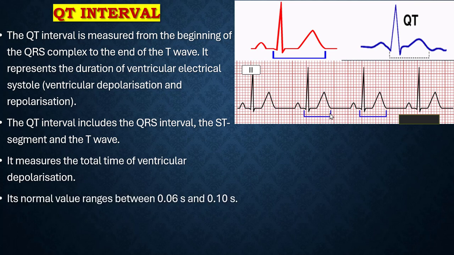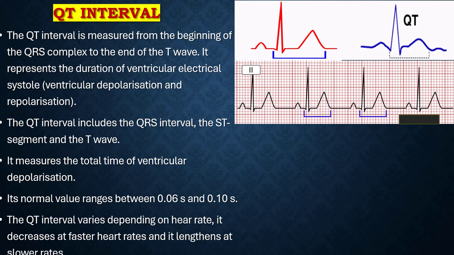Its normal value ranges between 0.06 and 0.10 second. The QT interval varies depending on rate.